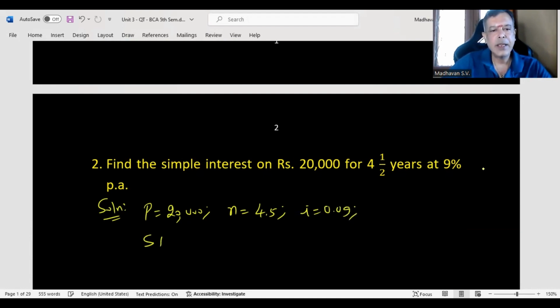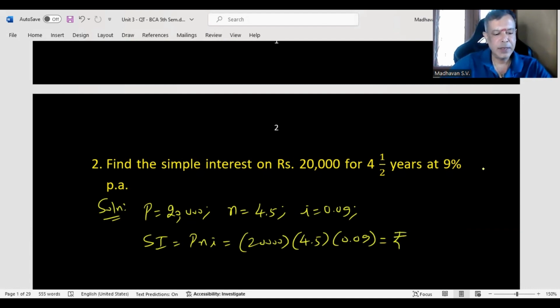So our SI, which is P into N into I, will be 20,000 multiplied by 4.5 multiplied by 0.09. If we multiply all these three figures, we get rupees 8,100. That is the result for this question. Let us move on to the next question.